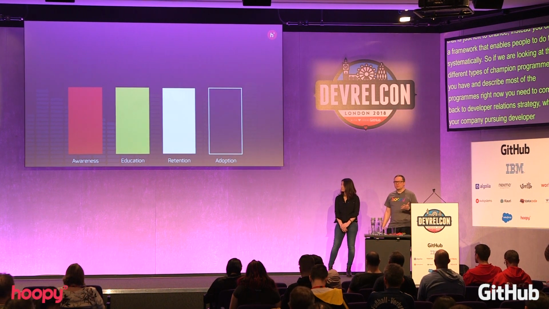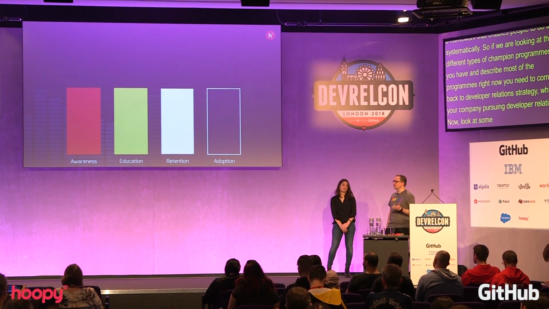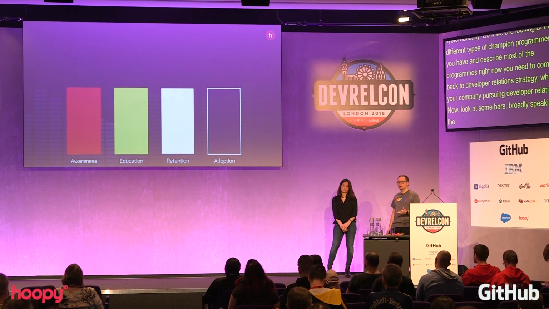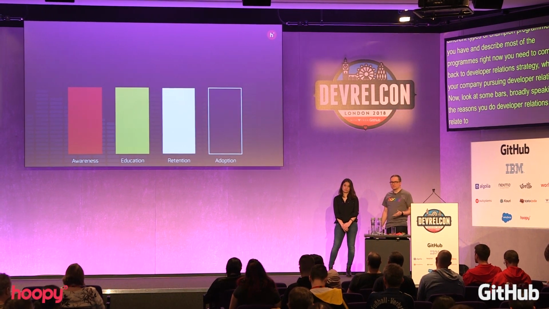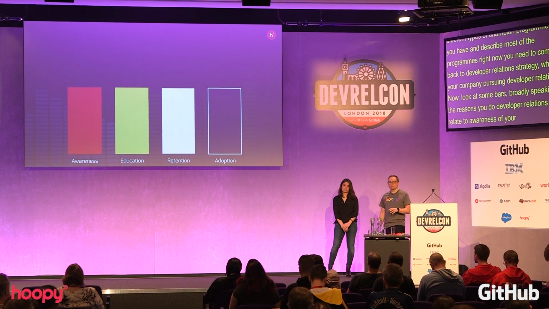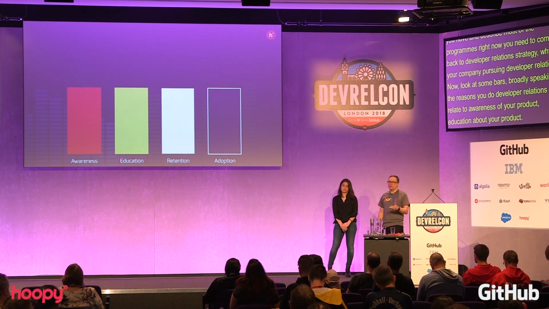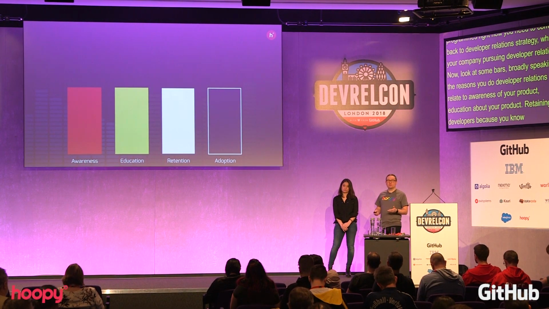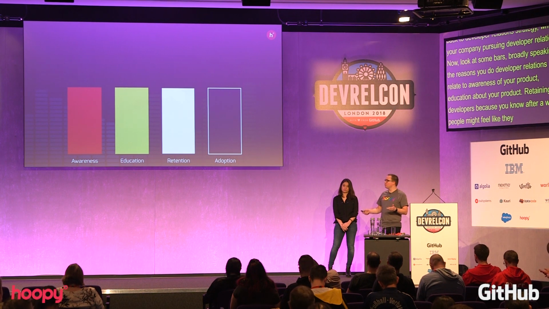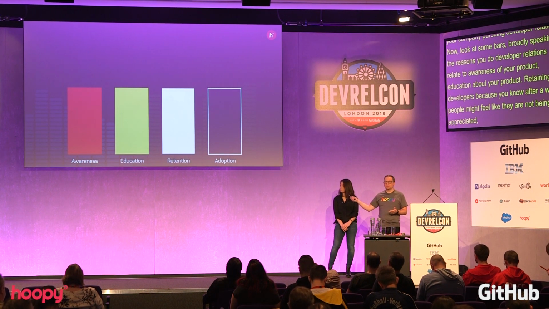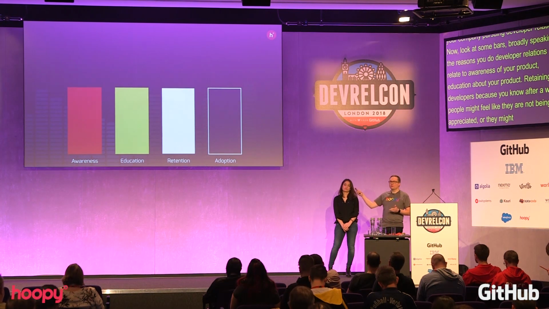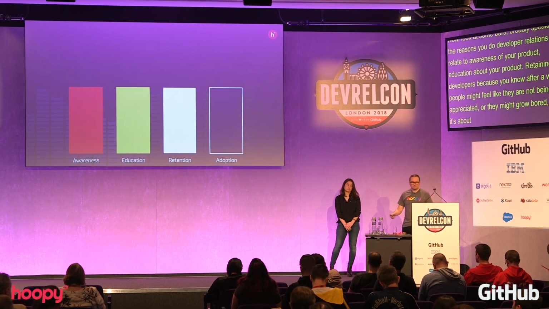Broadly speaking, the reasons you're going to do developer relations relate to awareness of your product, education about your product, retaining developers, because after a while people might feel like they're not being appreciated, or they might grow bored. But also it's about adoption. So we have these four areas, these four pillars.